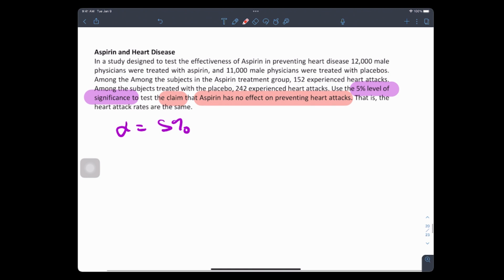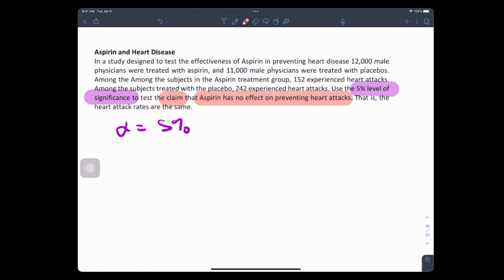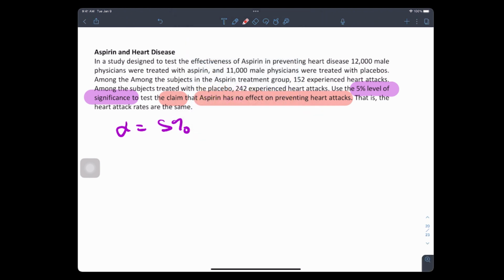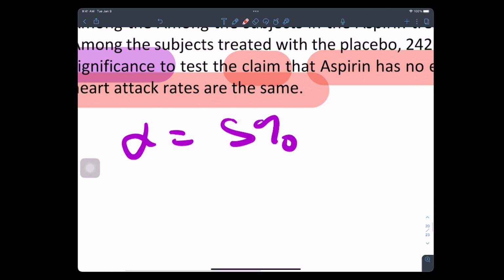So when they say it has no effect, what they're saying is this, that the heart attack rates are the same. That's the claim. Heart attack rates are the same.